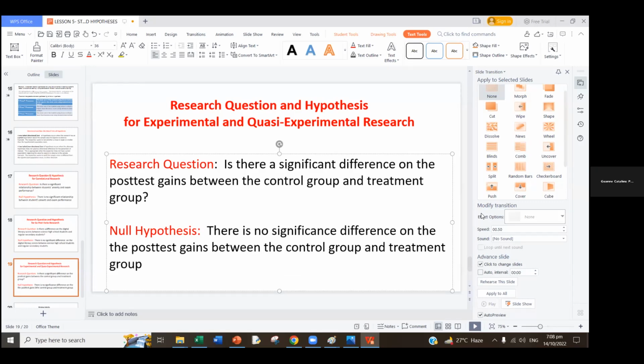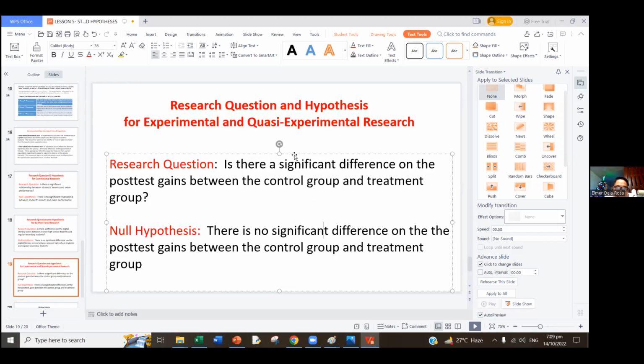Research question, is there a significant difference on the post-test gains between the control group and treatment group? And further, can you read the null hypothesis? There is no significant difference on the post-test gains between the control group and treatment group.